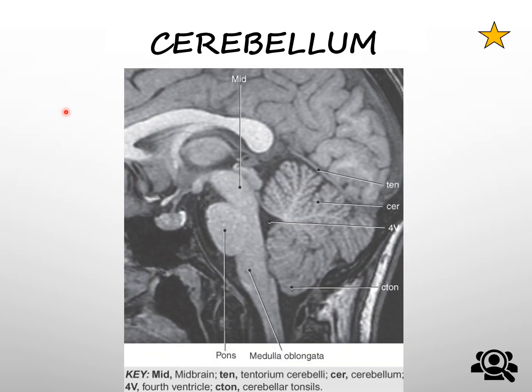All right, again, here is our sagittal view, cerebellum. The parts of the brainstem include the superior portion, which is the midbrain. The pons is the middle section right over here. And then the medulla oblongata should be right over here.